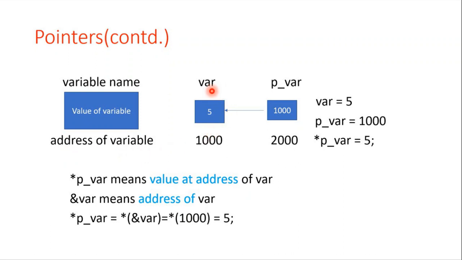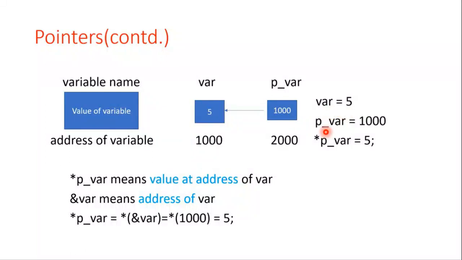Here we have an integer variable var, which has a value of 5 and an address of 1000, and here a pointer variable. Why a pointer variable? Because it is pointing to the var variable. It has the value of the address of var, meaning it has the value 1000, and this is the address of pvar, which is 2000.